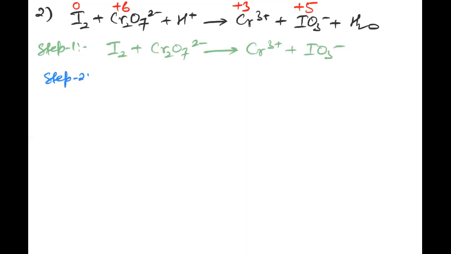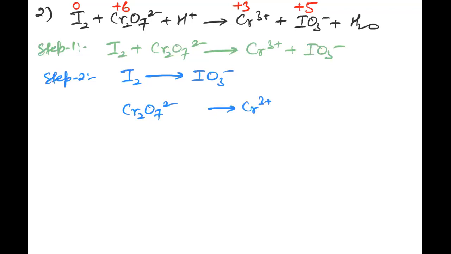Similarly, step 2. In step 2, you have to separate the reduction half and the oxidation half. So the oxidation half is I2 converting to IO3 minus, and Cr2O7 2 minus is converting to chromium 3 plus.